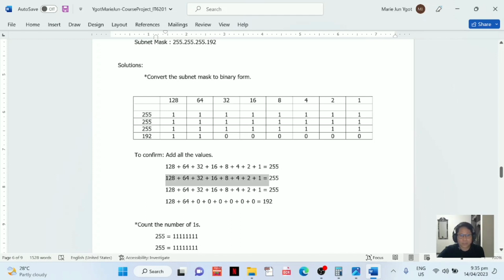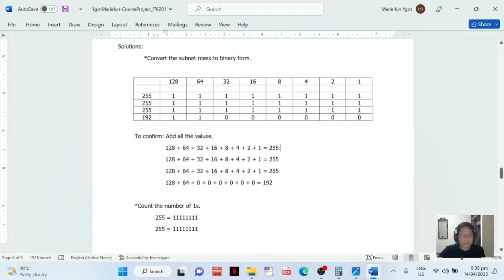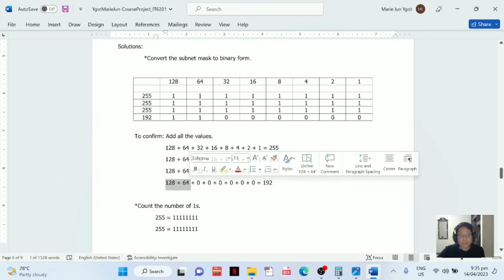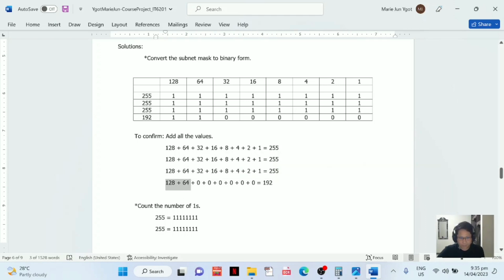The same as here, it's equivalent to 255. And also for the third octet, we have 255. And for the last octet here, 192. So we have 128 plus 64 plus 0 plus 0 plus 0 plus 0 plus 0 plus 0 is equal to 192.